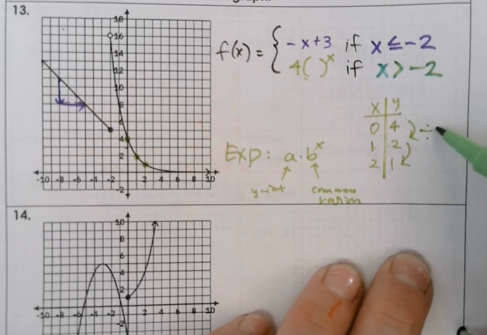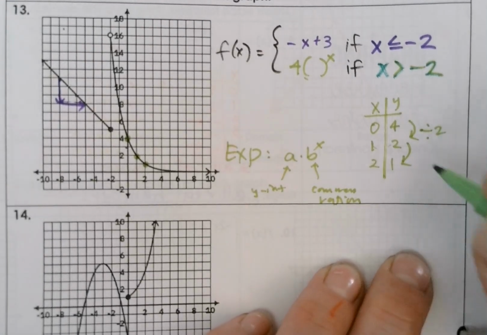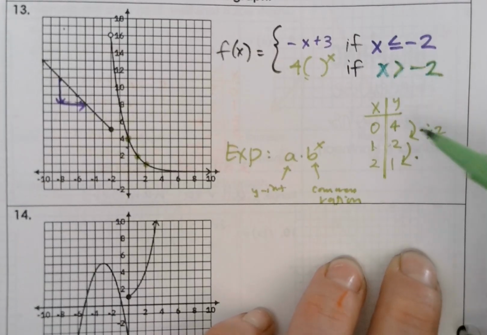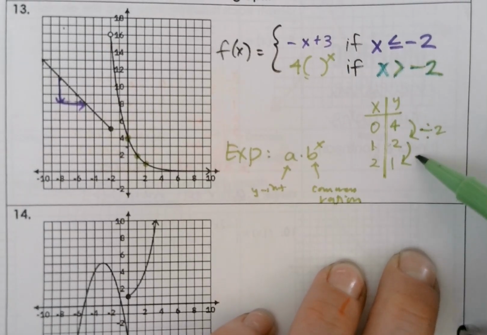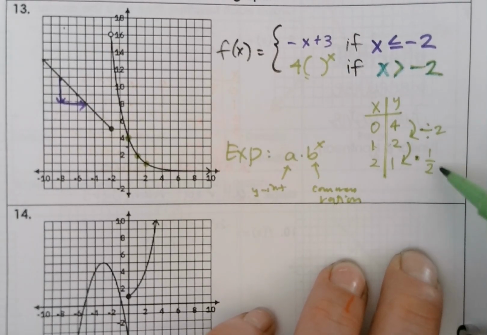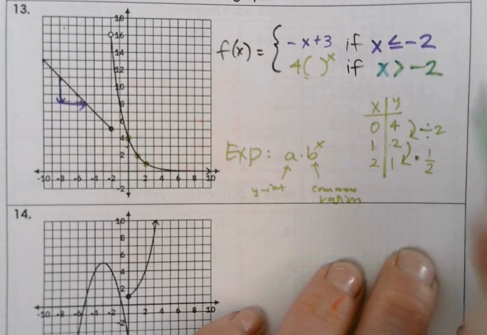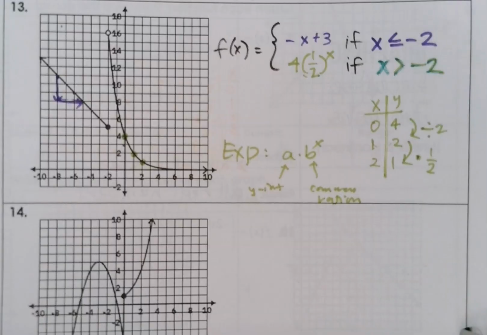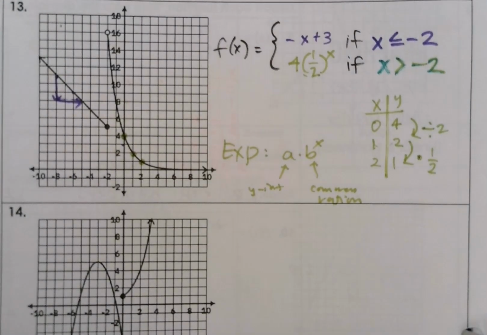Well, it's divided by 2, but we cannot write our equation with division. It has to be done with multiplication. So divided by 2 is the same thing as times 1/2. So our equation is 4 times 1/2 to the power of x.